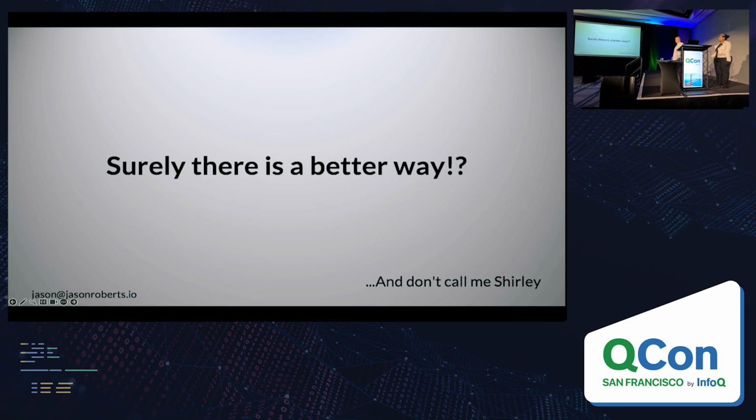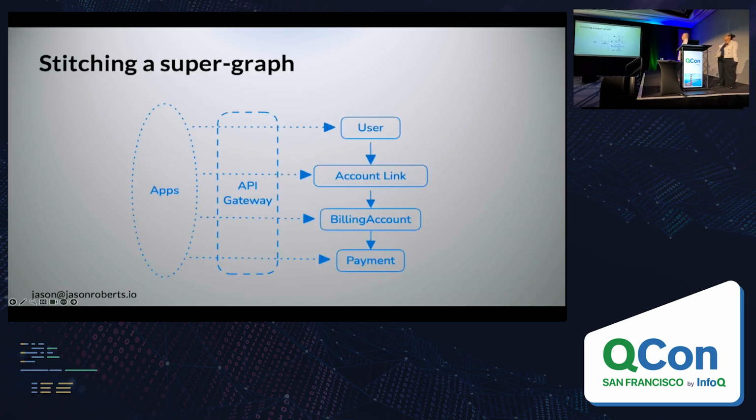So, you think there's a better way? Yeah. It's called stitching in our case. There's actually two ways to do this in GraphQL, broadly speaking. But for us, it's establishing, defining relationships between those different nodes. And this is what composes our supergraph. So user knows about account link, and account link knows about billing account.